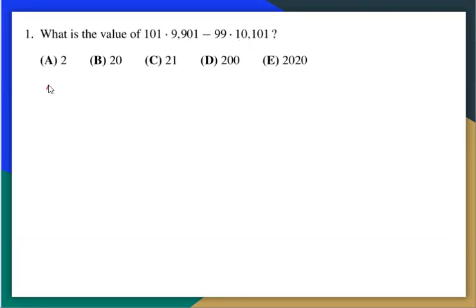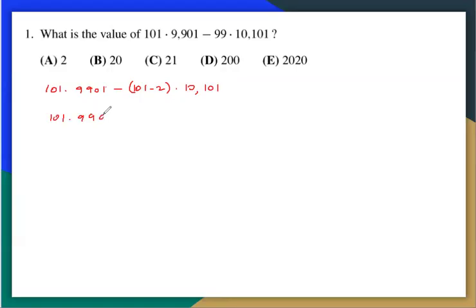So 101 times 9,901 minus, so this number is 101 minus 2, which is just 99, times 10,101. Okay, if you expand these now, we will see how this is going to be useful.